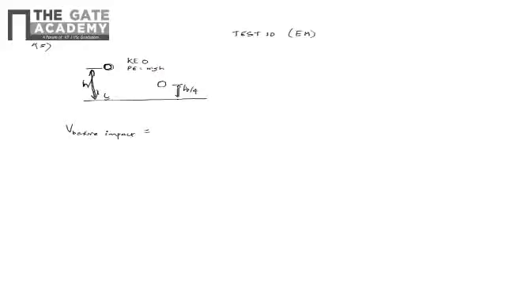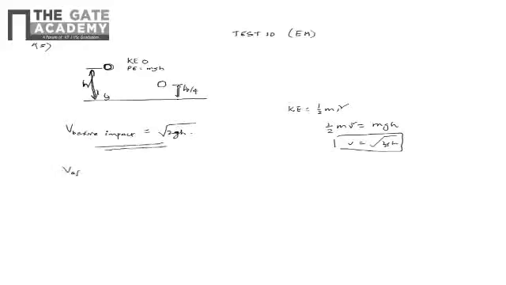Just before impact, its kinetic energy will be half mv square, and potential is 0 because the ground is the reference. When you equate them, half mv square is mgh, so you get v as root 2gh. This is your velocity before impact, root 2gh, since it is dropped from height h.